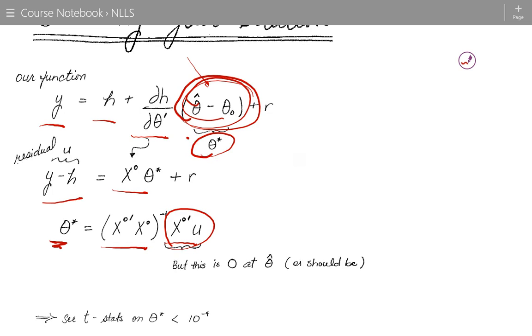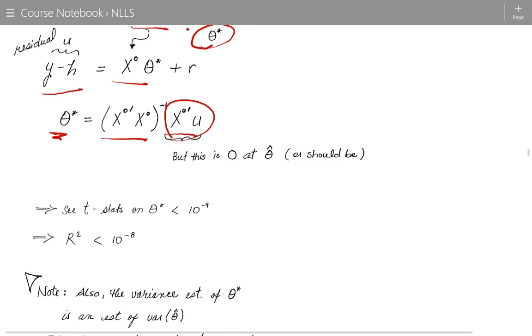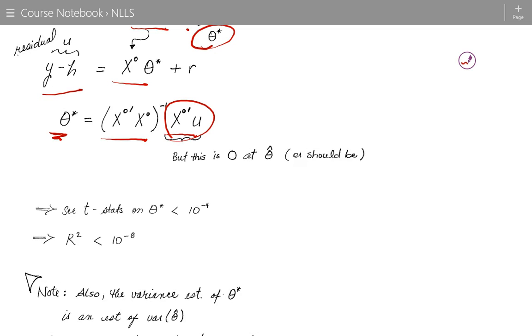So this theta star really actually should be 0, which means that if you were to use this with your final solution, calculate h and x naught at the final solution that you got from your algorithm above, and then run this regression of u on x naught, the parameter estimate that you get in terms of theta star should be essentially 0.